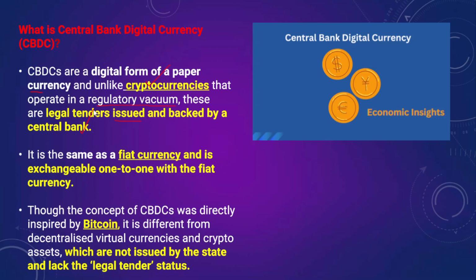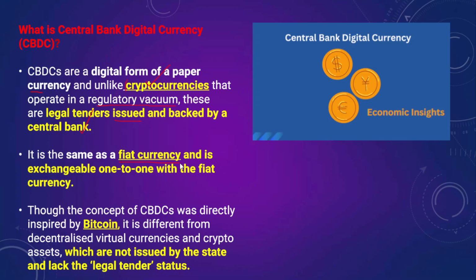Our central bank is the Reserve Bank of India, and therefore CBDCs are issued and backed by the central bank. However, cryptocurrencies actually work in a regulatory vacuum. So the central bank digital currency is known as a fiat currency.